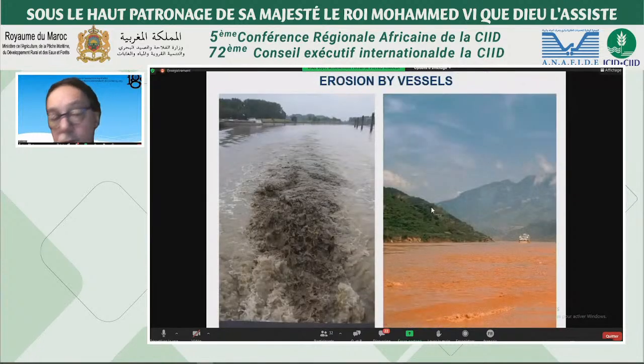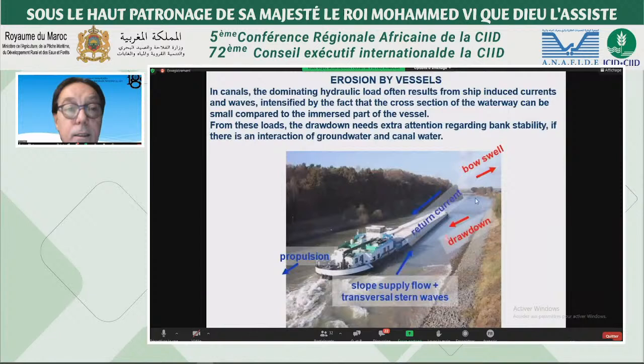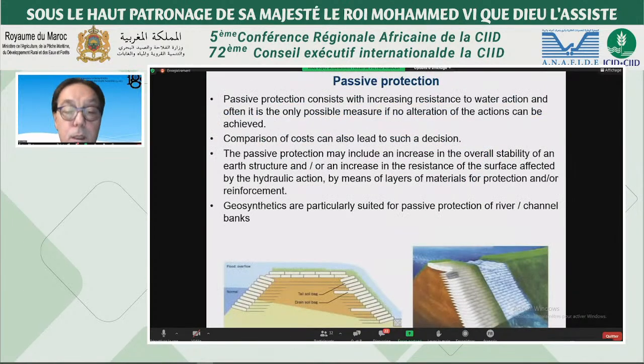D'autres types d'érosion se produisent par la navigation dans les canaux navigables, et typiquement dans les canaux la capacité hydraulique est déterminée par la proportion, le courant de retour, la pente et la pression sur le sol de fond.